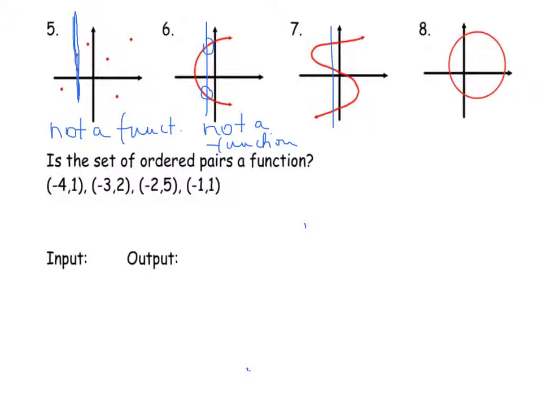On the following one, on number 7, I have even 3 intersections, so again it's not a function. And the last one, if I draw a vertical line, it crosses in 2 places. Again, it's not a function.